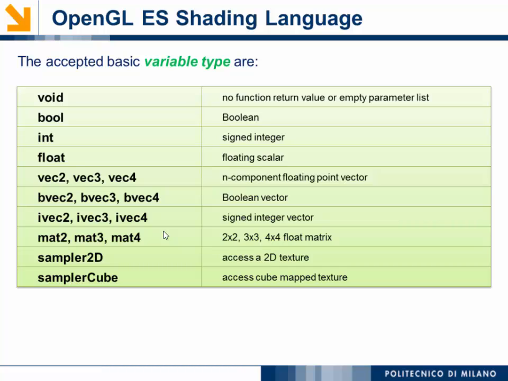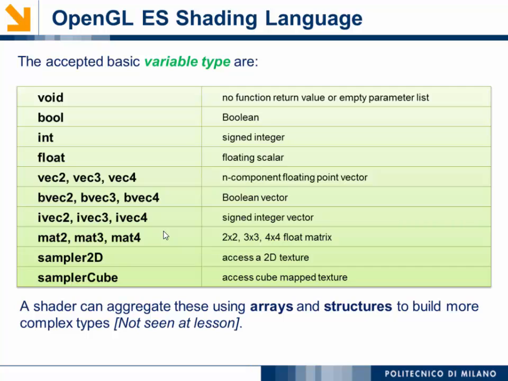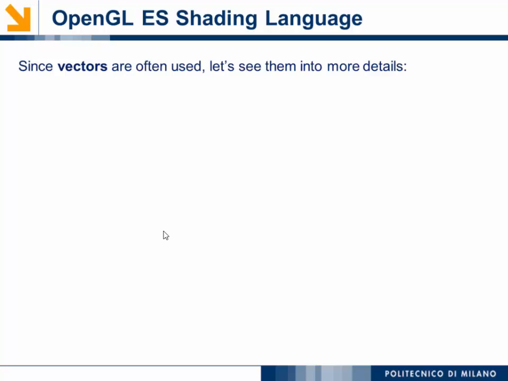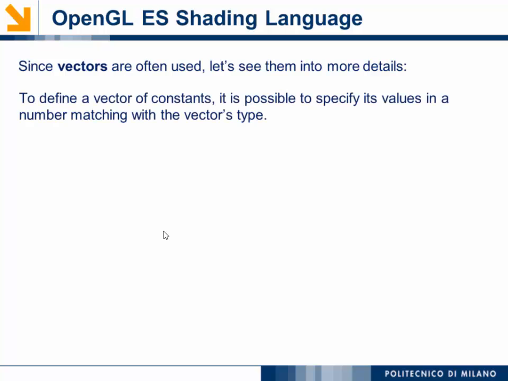There are some variable types which are very handy for the tasks that we need to perform using WebGL. These are vectors and matrices, which are used a lot, so we can have a look at them in more detail.